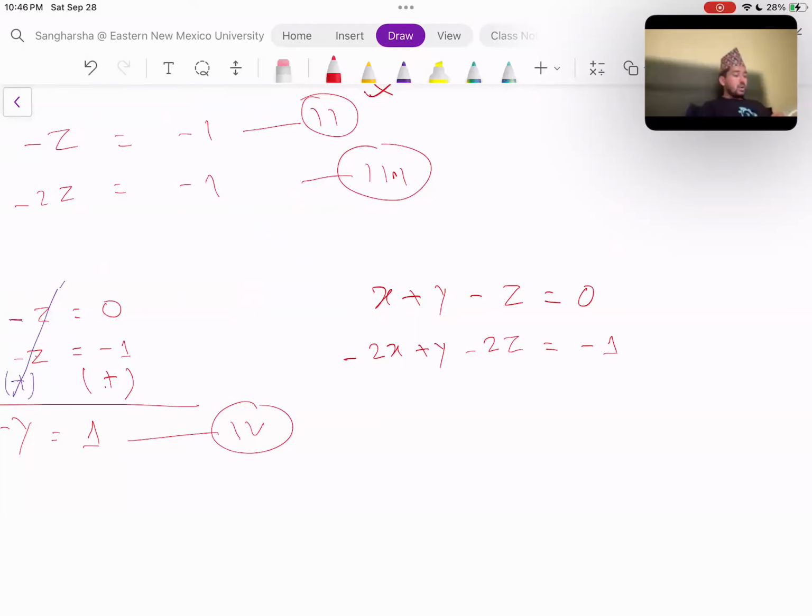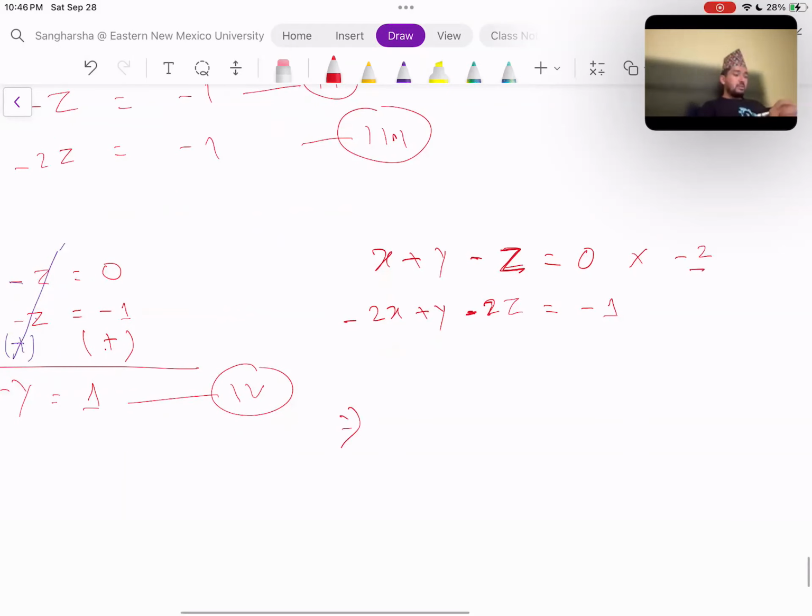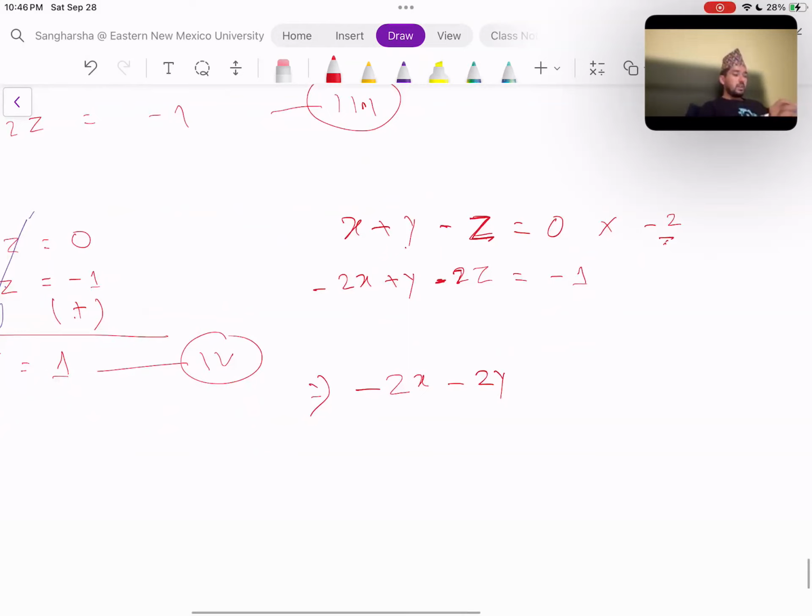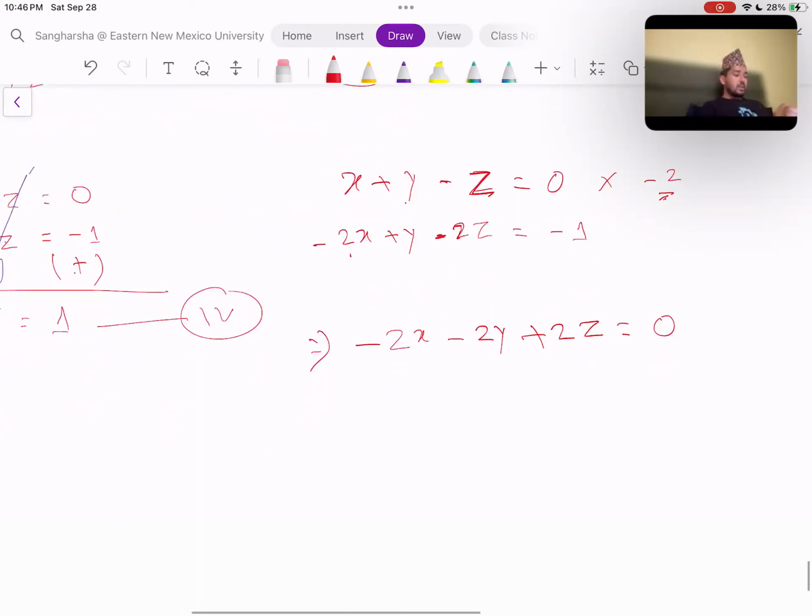In order to eliminate this z, we have -2 here, so we want +2 as the coefficient of z. For that, we multiply by -2. So -2 times x, -2x, -2 times positive y, -2y, -2 times -z, +2z equals 0. And our next equation is -2x plus y minus 2z equals -1.